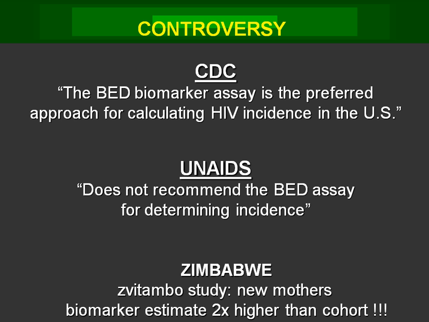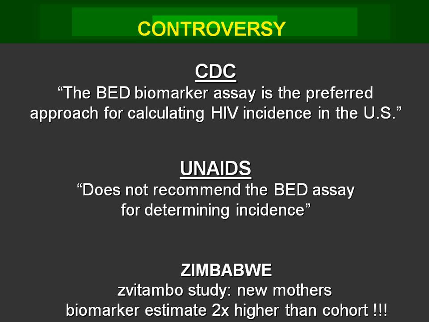Well, it turns out there have been some studies, particularly in Africa, which have shown that the biomarker approach overestimates incidence compared to what you would get in a cohort study. In particular, one study in Zimbabwe was a study of new mothers who were given the biomarker approach to estimate HIV incidence, and then these new mothers who had just given birth were followed in a cohort fashion to estimate incidence.